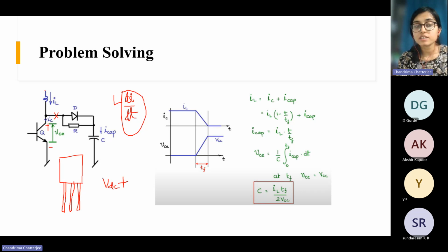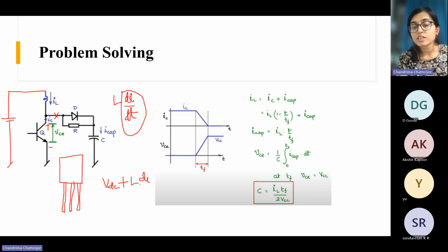If you apply KVL here, with this as your supply, you will see the voltage appearing across the device will be VDC plus L di by dt, right?